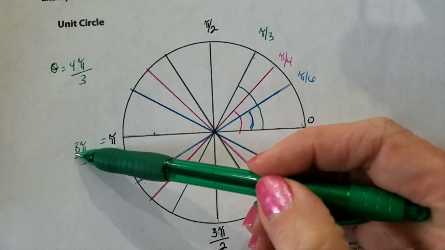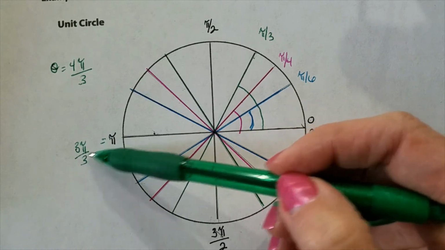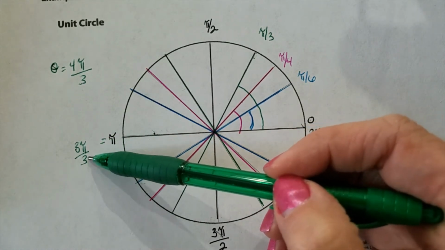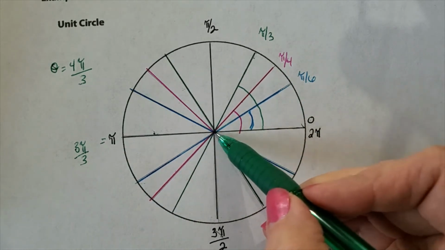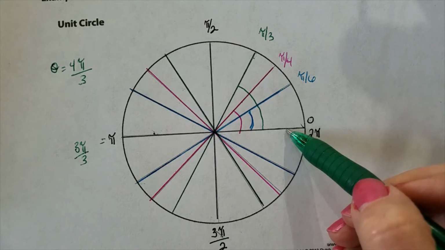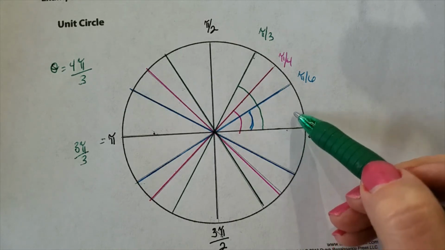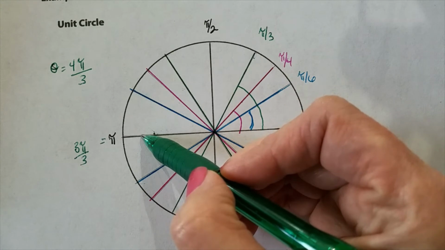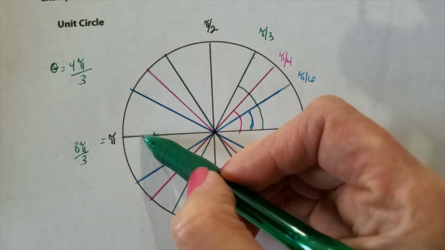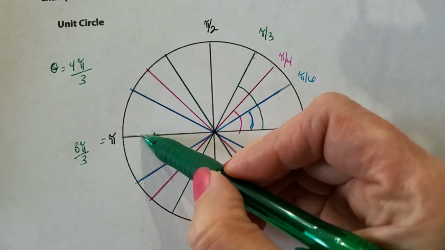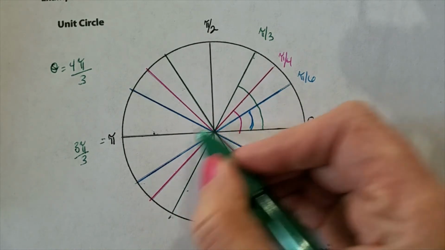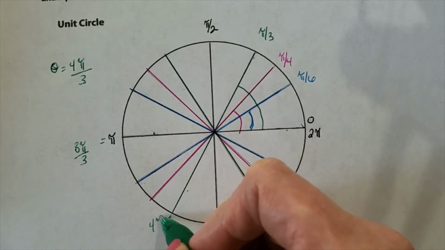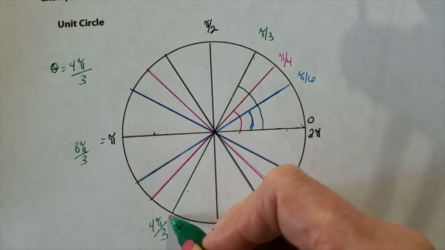Because 3 divided by 3 is 1. These would cancel out. These are equivalent. But because I have a common denominator, it's going to make things super simple. So if I'm starting out at 0, I'm looking for 4 pi over 3. I'm coming around, well, that means pi is 3 pi over 3, so I am short pi over 3, which is a reference angle. So that means, boom, here it is. This angle measure here is going to be 4 pi over 3.